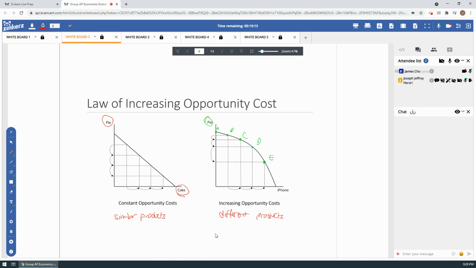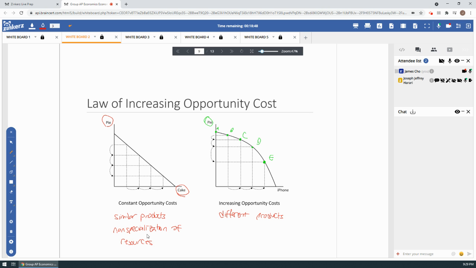Okay, by the way, another way of saying that products are similar is by saying that I have non-specialization of resources. Oh man, I just made it tougher. Non-specialization of resources. That means the resources that I have, like flour, eggs, and sugar, I could use for pie production, but I could also use for cake production.